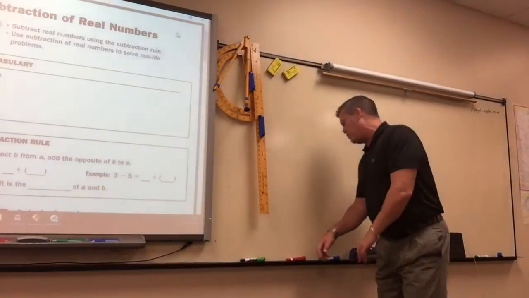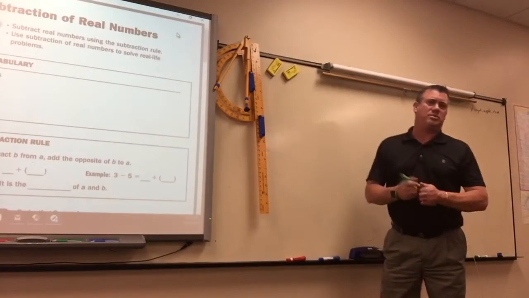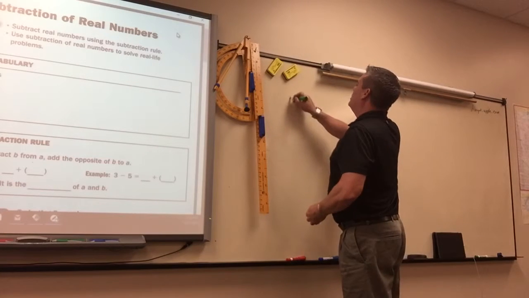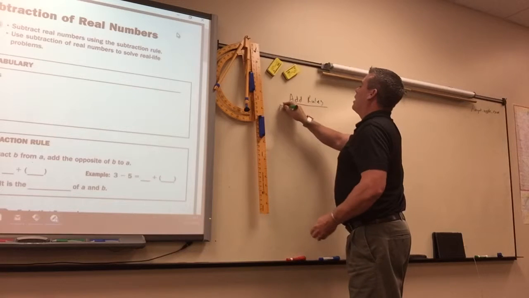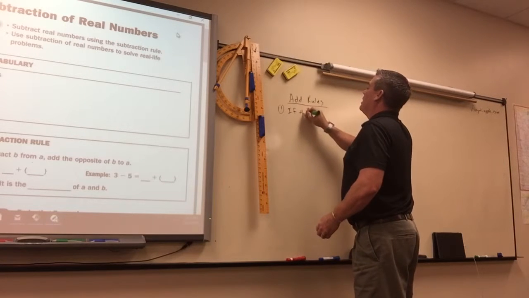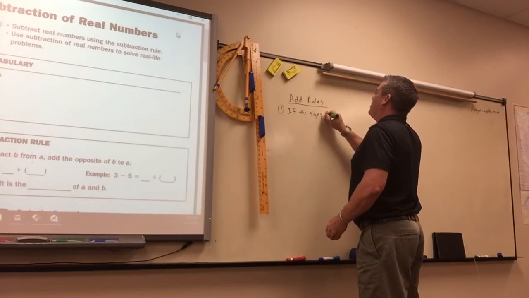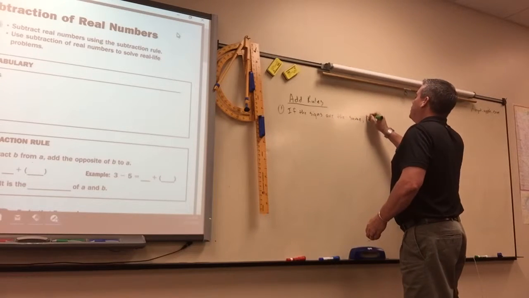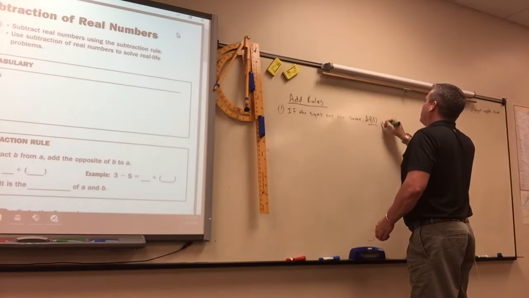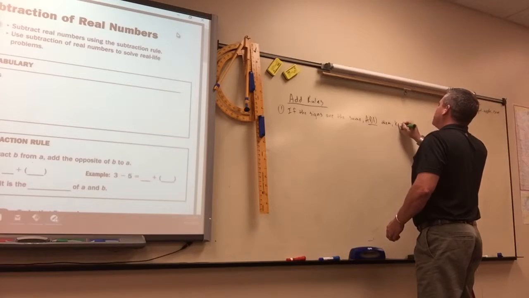Through again. Yesterday we did the add rules. Today we're doing the subtract rules. So the add rules again are: if the signs are the same, you add them and keep the sign.